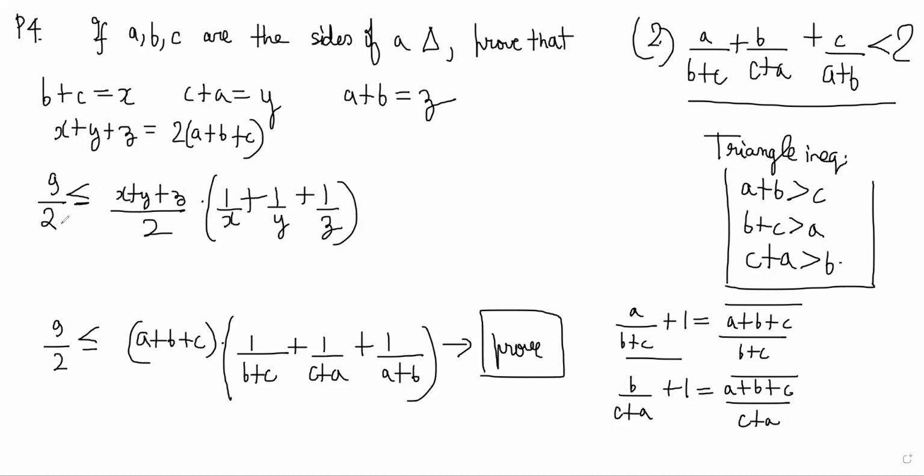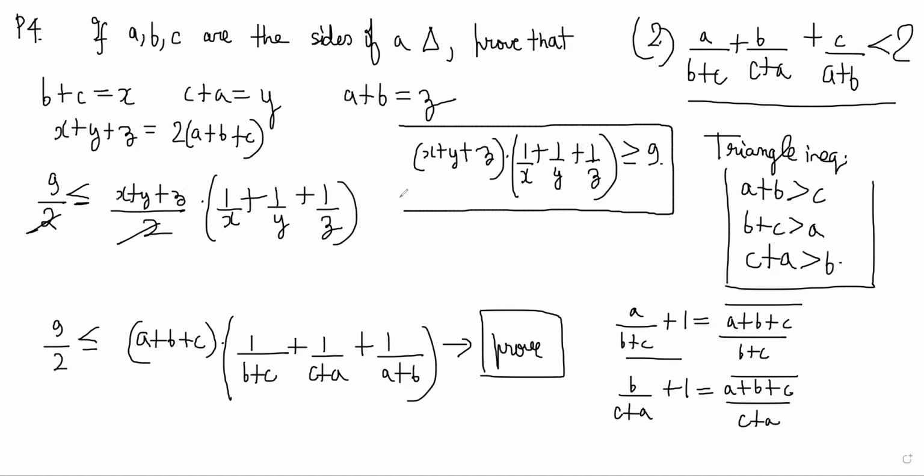So we have to prove that x plus y plus z multiplied by 1 by x plus 1 by y plus 1 by z is greater than or equal to 9, which is much simpler. It is even simpler than this.